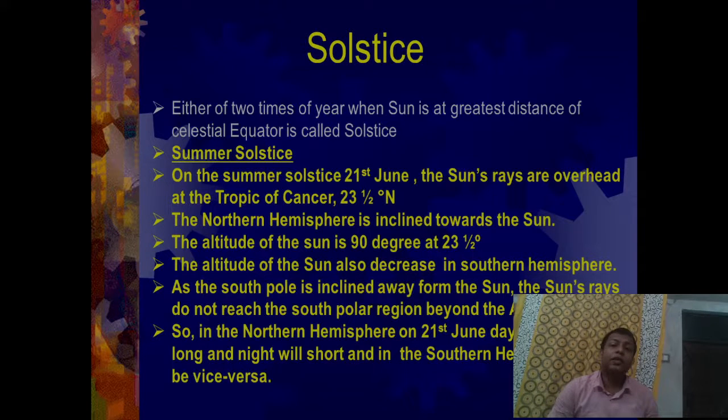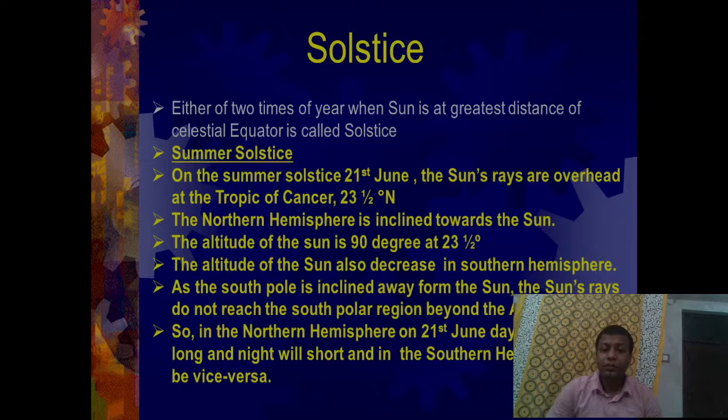When it is winter in the southern hemisphere, we experience summer days in the northern hemisphere. So we have to say June solstice and, sorry, December solstice.